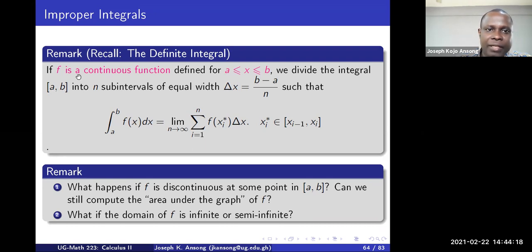Note that in this definition, you need f to be continuous, as well as the interval being finite, from a to b, where a and b are known.